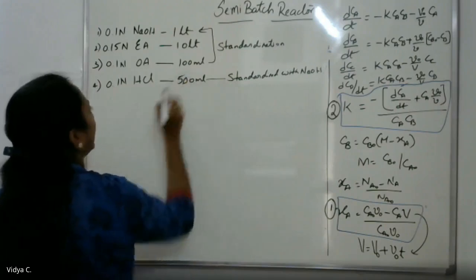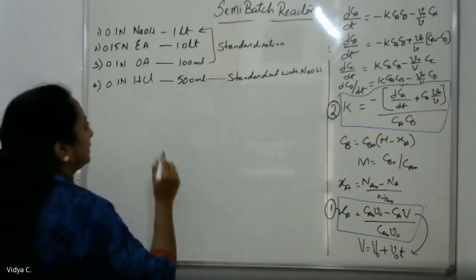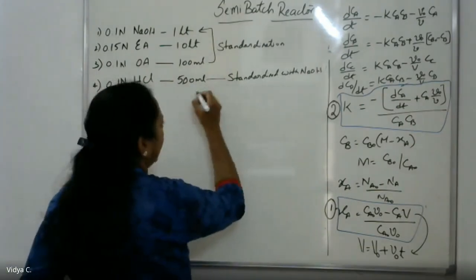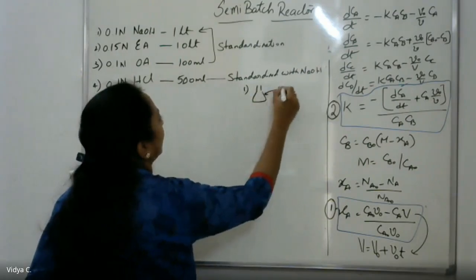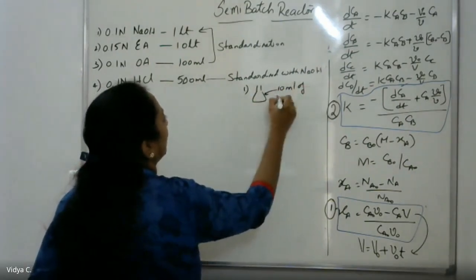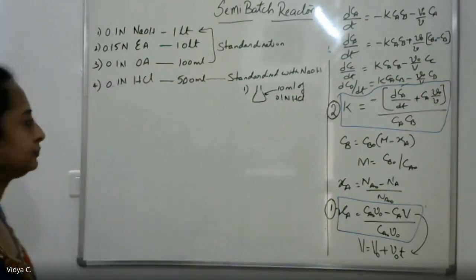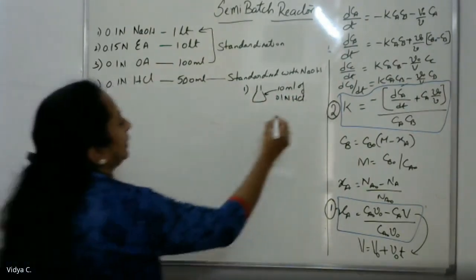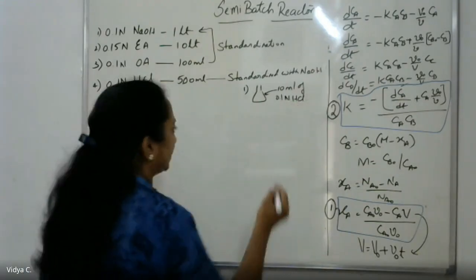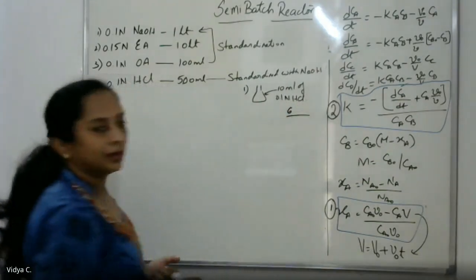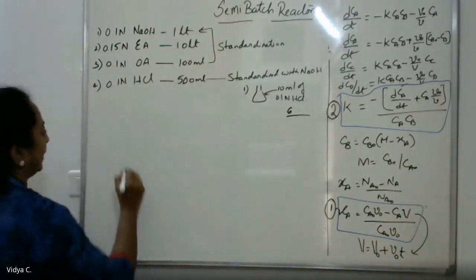You prepare around 500 ml of 0.1 normal HCl. After preparing this, first step is keep a conical flask with 10 ml of the 0.1 normal HCl you have prepared. This should be ready, and around 6 such conical flasks should be sufficient. Now let us start with the reaction.